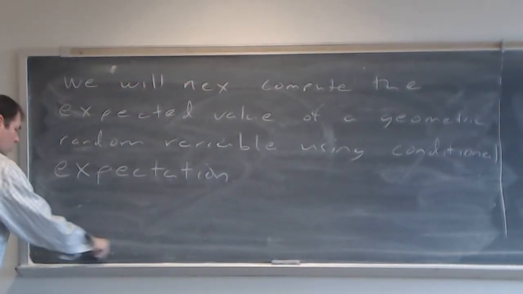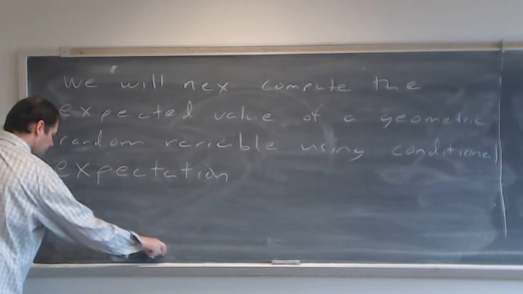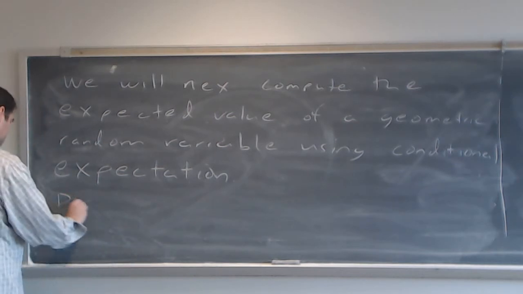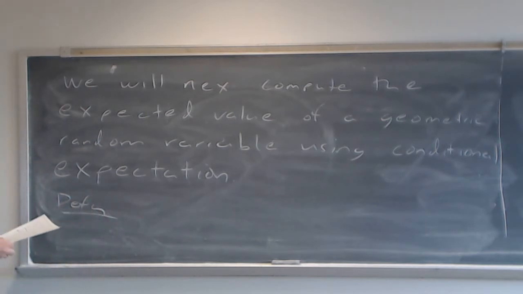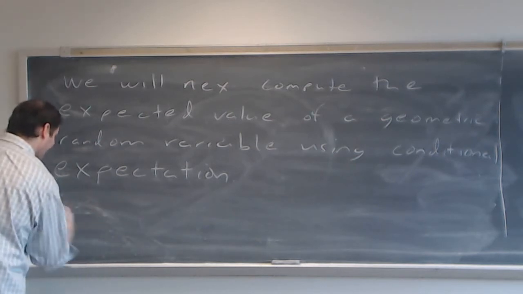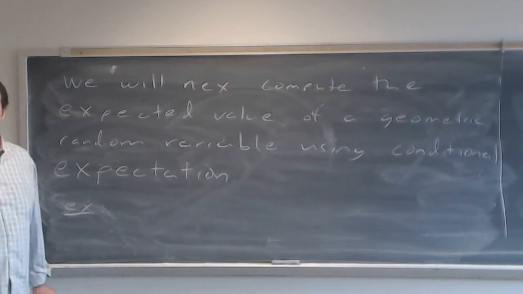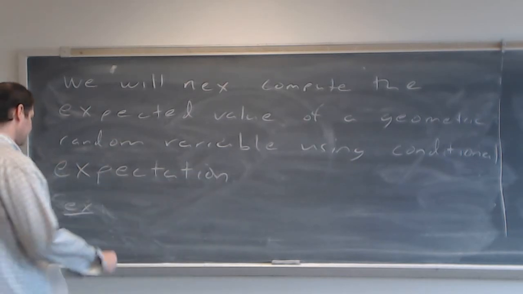So what was a geometric random variable? Here was the definition. We call it an example because we're using this to illustrate how we can use conditional expectations to compute things.